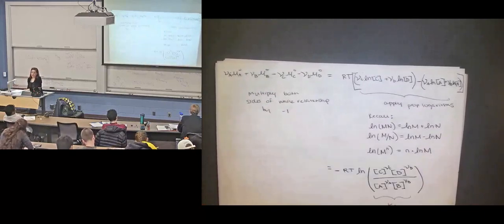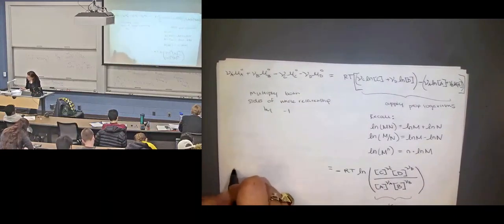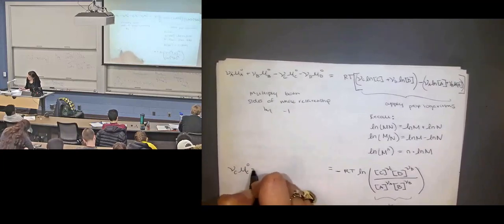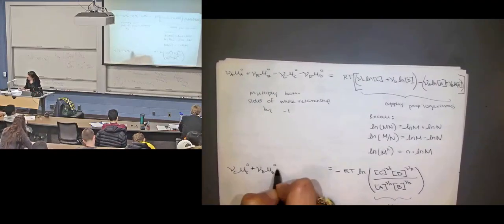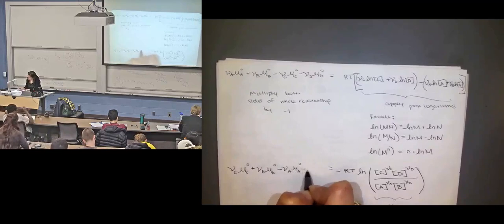There's a negative sign over here now. On the left-hand side, all of these signs flip. So I now have stoichiometric coefficients of C times the chemical potential of C at standard state plus D at standard state, and I'm subtracting from that A minus B.